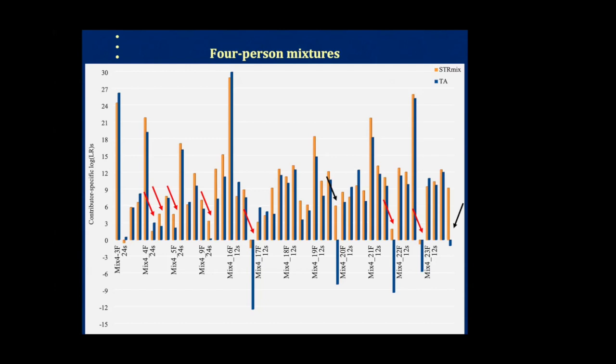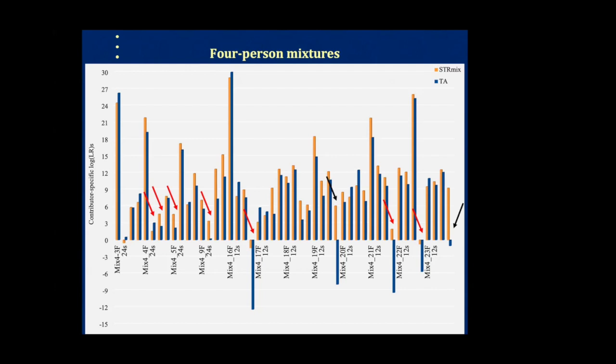So for mix 416F, the lowest template contributor came back in the inconclusive range for STRmix, but with TrueAllele, it was a very large negative log LR, more negative than -12.